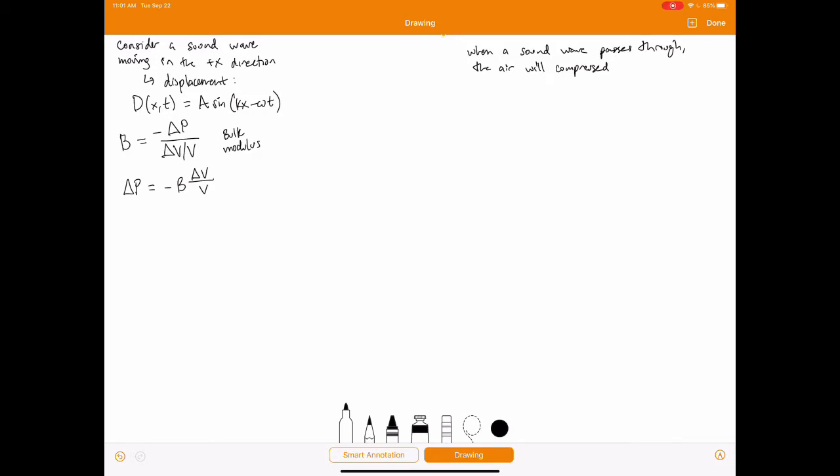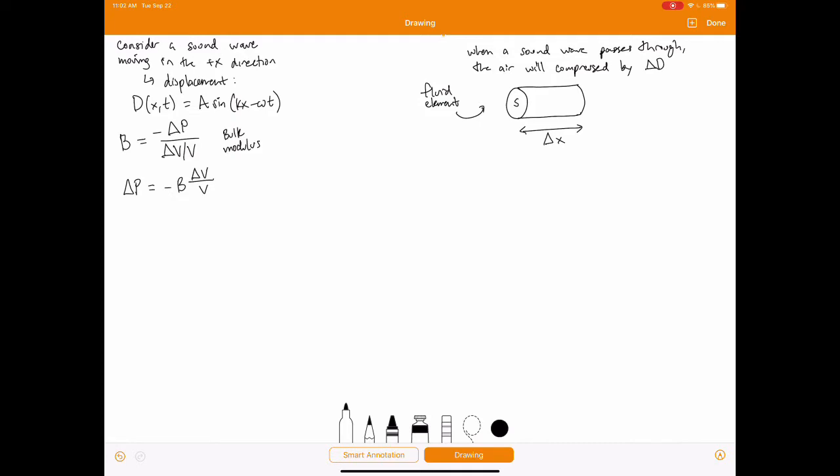Let's say the air is being compressed at this moment, by some distance, which we'll call delta D. So in particular, let's think of a fluid element. This is a little chunk of air, and its cross-sectional area is S, and its length is, let's call it, delta x.